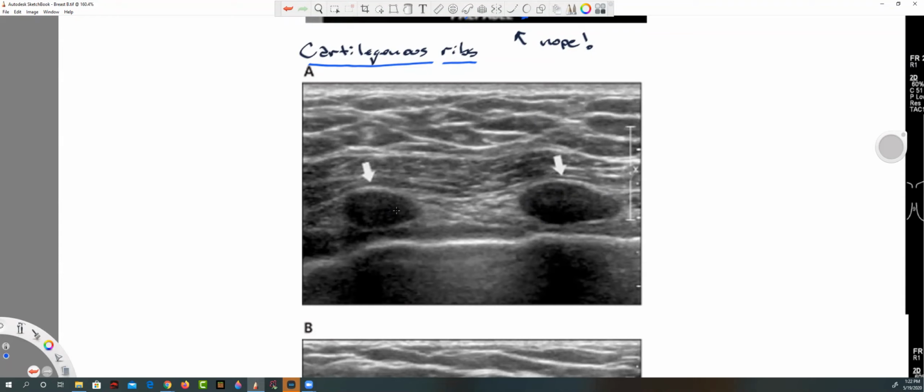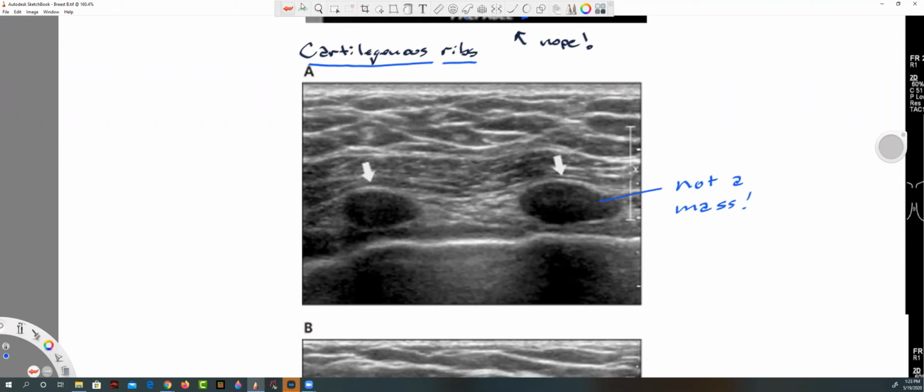So cartilaginous ribs can be confusing if you're not accustomed to seeing cartilage. Now these are, in my opinion, fairly obvious. I don't think this is even a female. I think this is a male, but I just took the picture anyway. These are somewhat filled, but they could be super hypoechoic or even anechoic. But if you're not used to seeing them, not a mass.